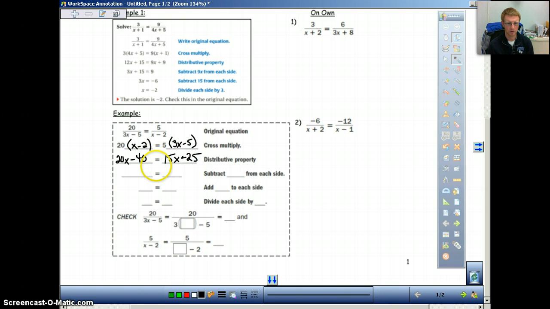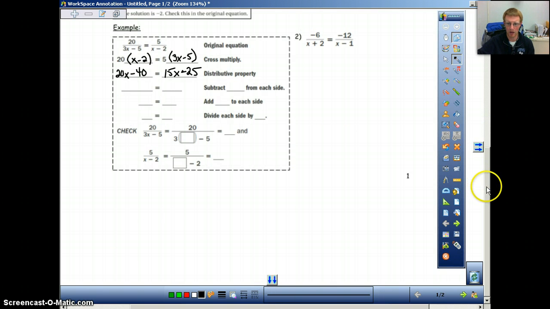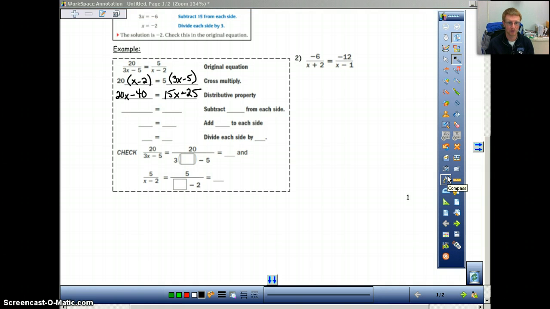And then we solve. Obviously you don't have to do it this way. You can do it however you want to solve these. You don't really have to subtract 15x from both sides first, but that's what we'll do. So 20x minus 15x is 5x minus 40 equals -25, and then we add 40 to both sides.